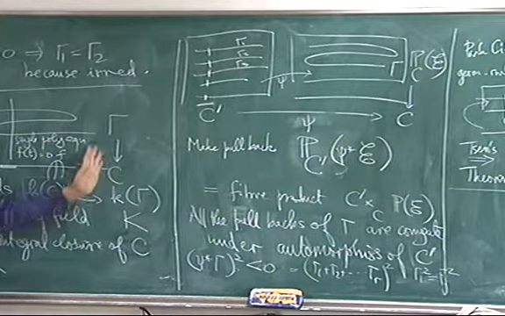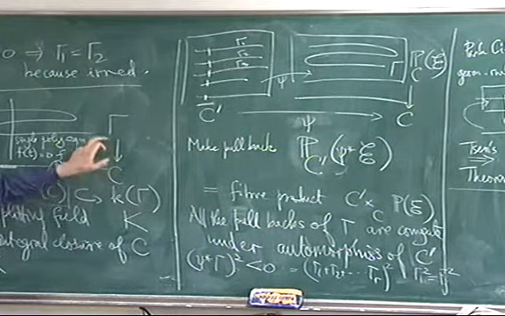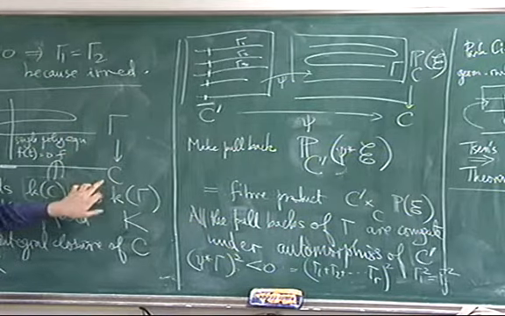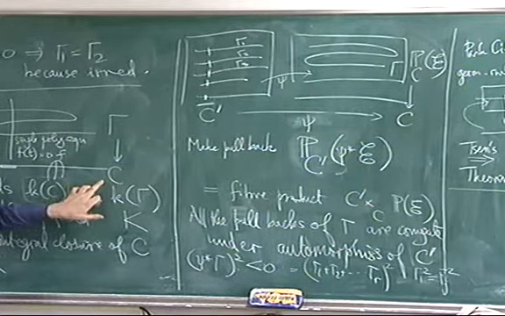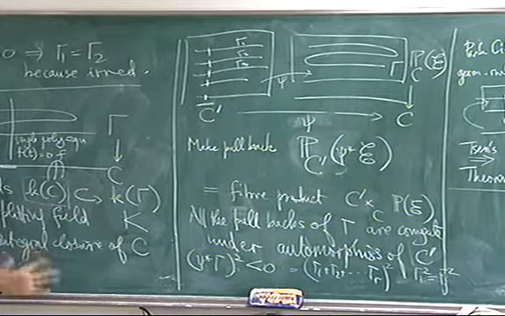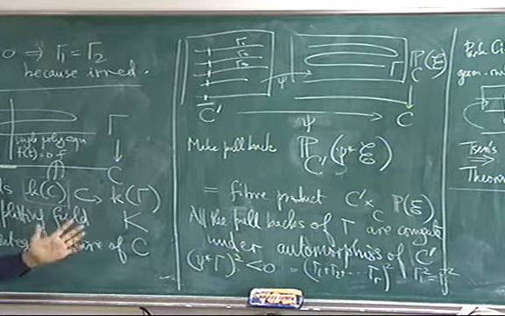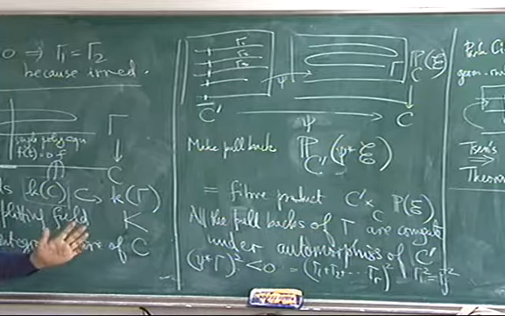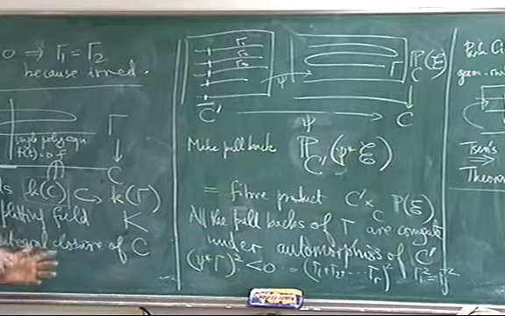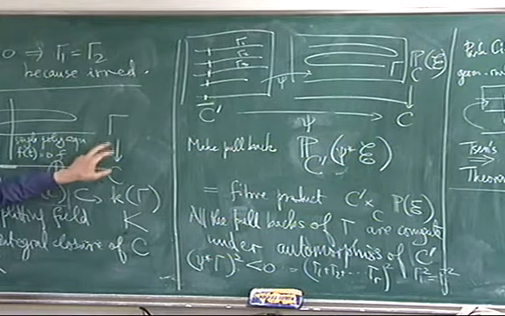So of course, the way to do this is first make the pullback by gamma to C. Then I have some new surface. The pullback contains at least one curve because it contains the section gamma.